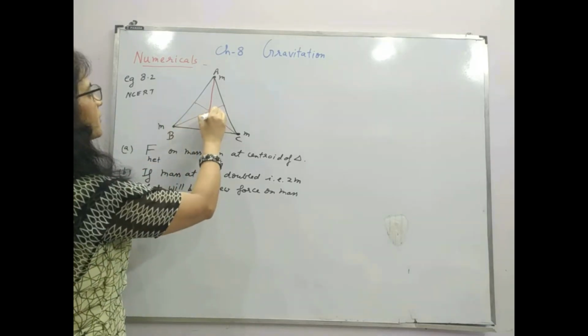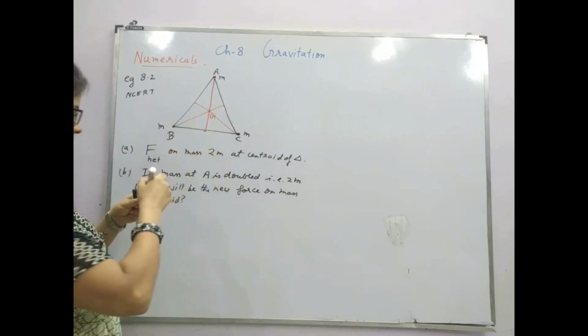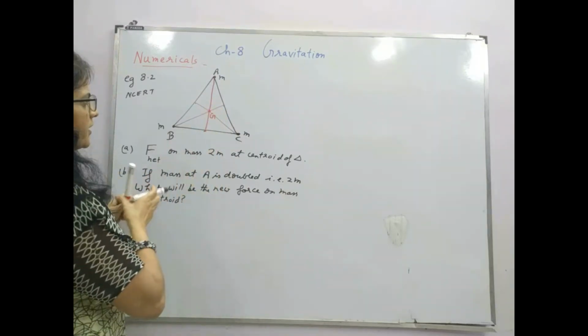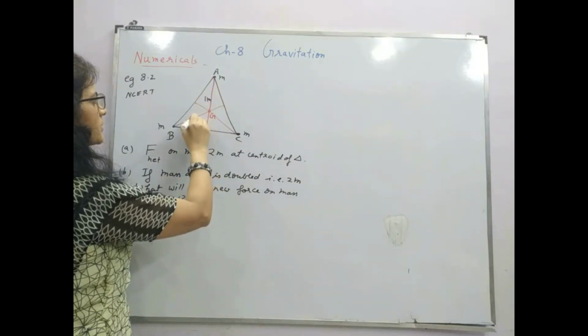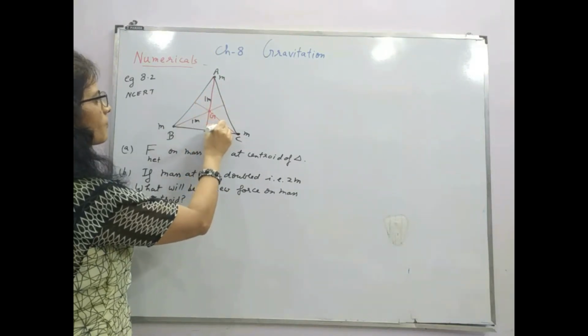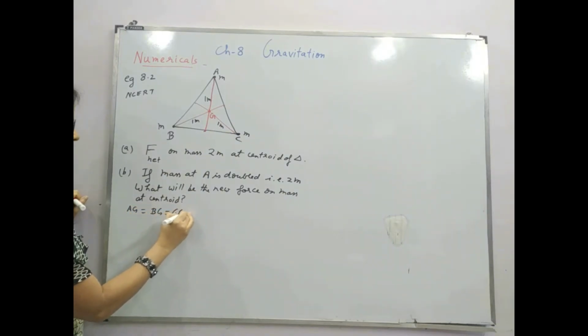So AG, BG and CG are 1 meter. So AG is equal to BG is equal to CG is equal to 1 meter.